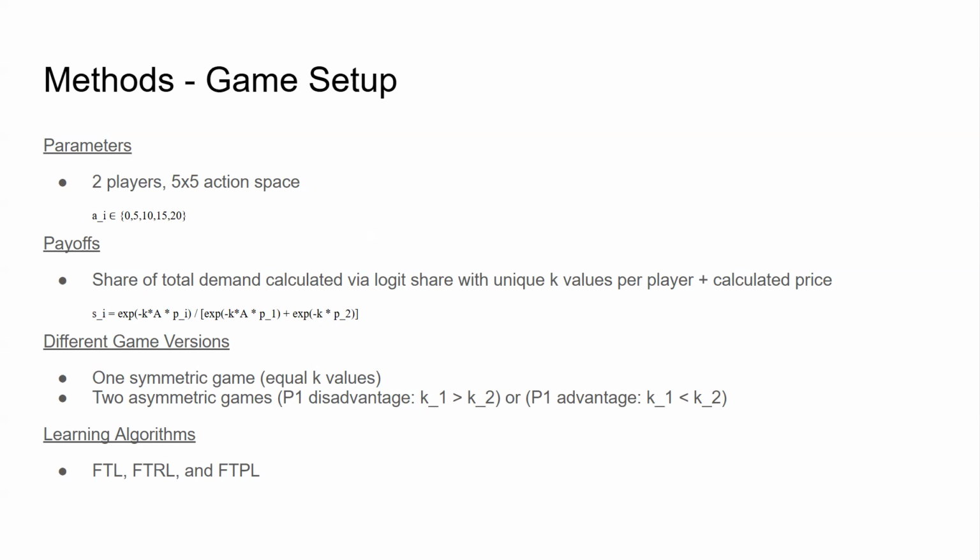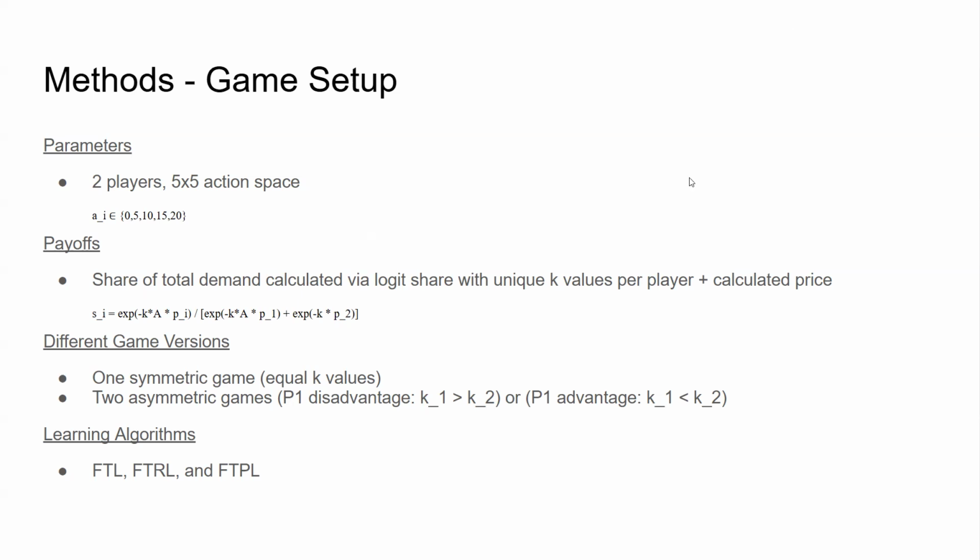The K value represents the price elasticity of demand coefficient. So this constant variable determines exactly how much demand they will get given the price that they post.